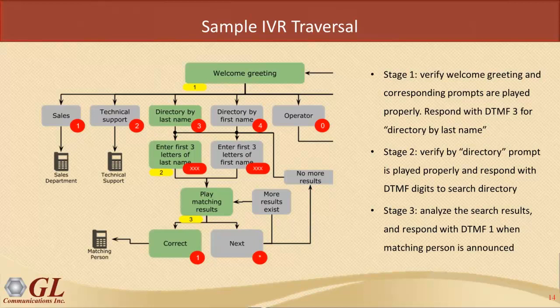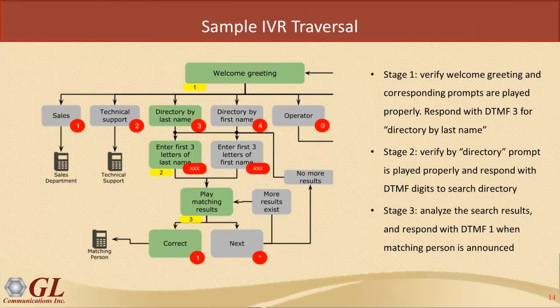At any point during this test, if a prompt doesn't match what we're expecting, we can say that this test failed. We didn't find the prompt that we were expecting, and the fail log will show you where it failed, what the transcribed text was compared to what we were expecting, and so on.